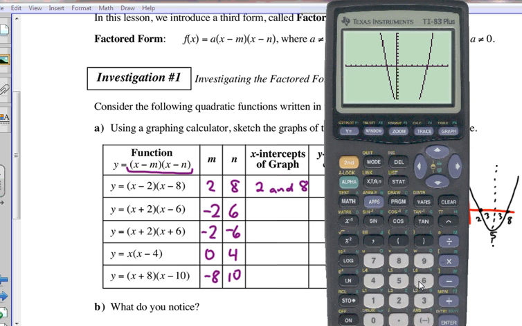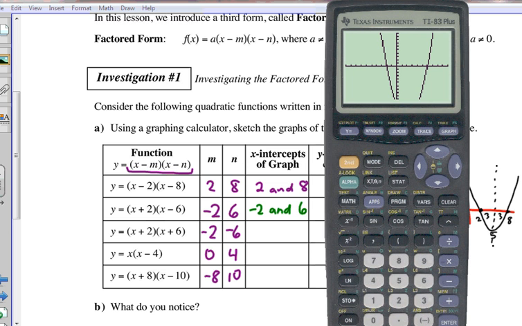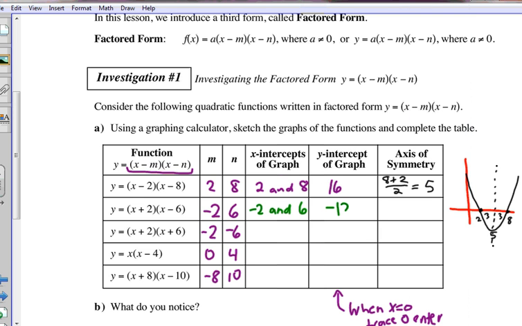Those are m and n values, and they also are x-intercepts at negative 2 and 6. Okay, how would you get your y-intercept? Trace, 0, enter, negative 12. Okay, how do we get, yeah, Tim?